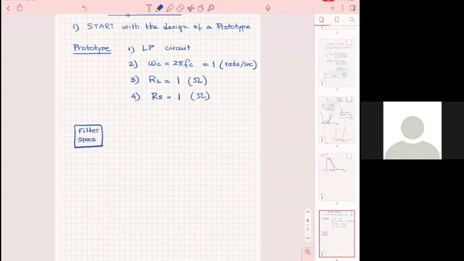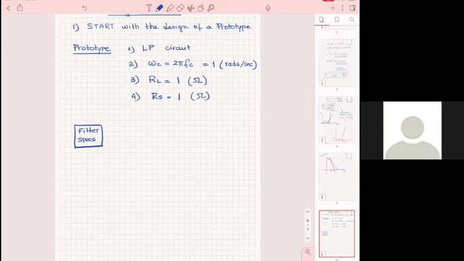I want its cutoff frequency to be that, or I want a rejection of this much at this frequency above your cutoff. That's possible. And they may tell you that I also want a particular load at the end.